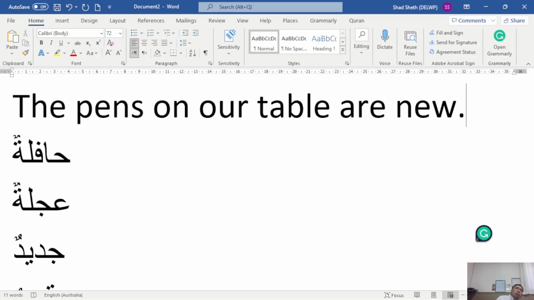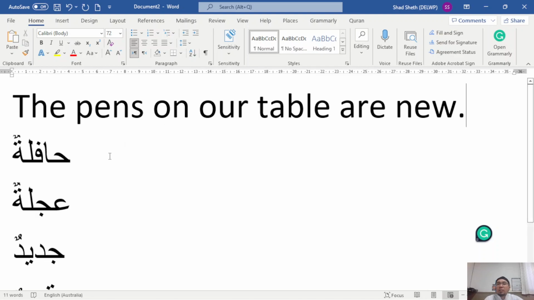No, something wrong there. Mudaf cannot have alif lam. So ala al maktabi sounds wrong, isn't it? Because it's our, not the. Ala maktabi.